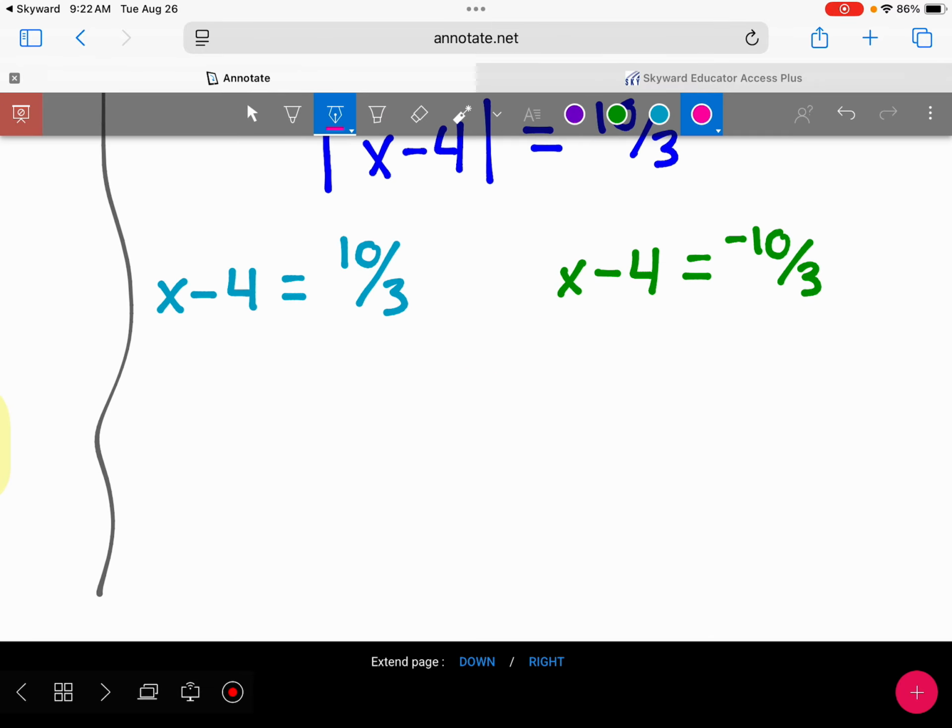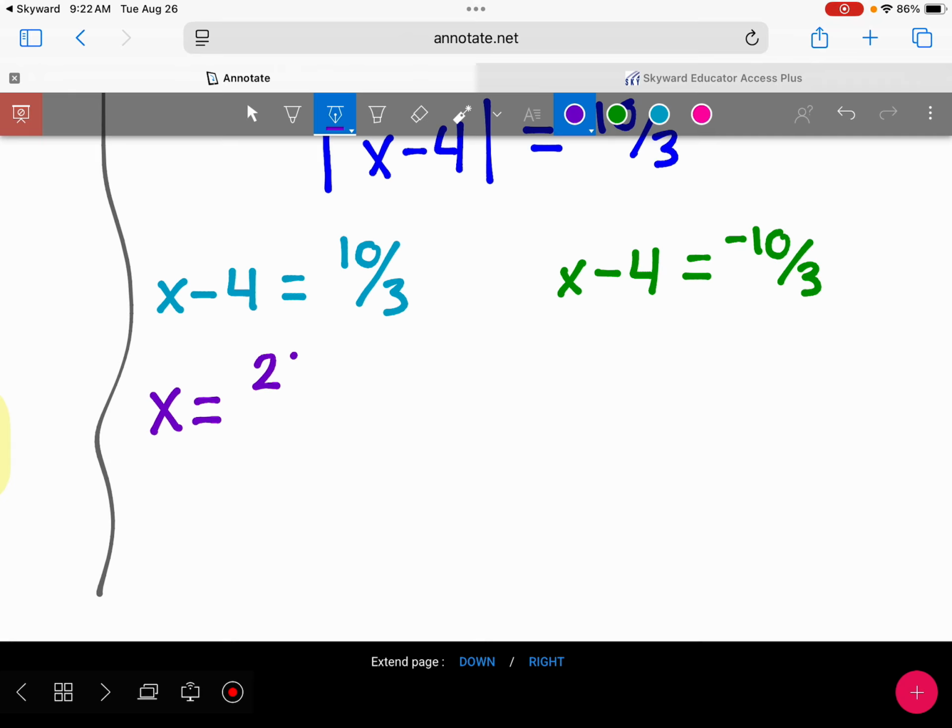We need to solve these now, finish them up. What are we going to do to get our x by itself here? Add 4 to both sides. So if we have 10 thirds plus 4, what are we going to get? 22 thirds.